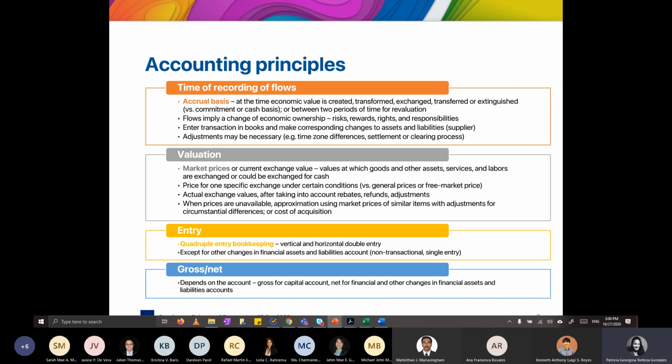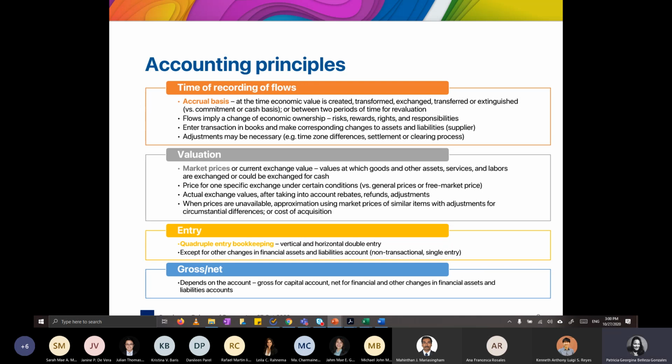So for the entry, in principle, it follows quadruple entry bookkeeping. So it's consistent. For example, whenever a country records a transaction, like acquiring a certain capital asset, the acquisition will be a debit in the capital account, and it should also be reflected in the financial account where its financing is accounted for.